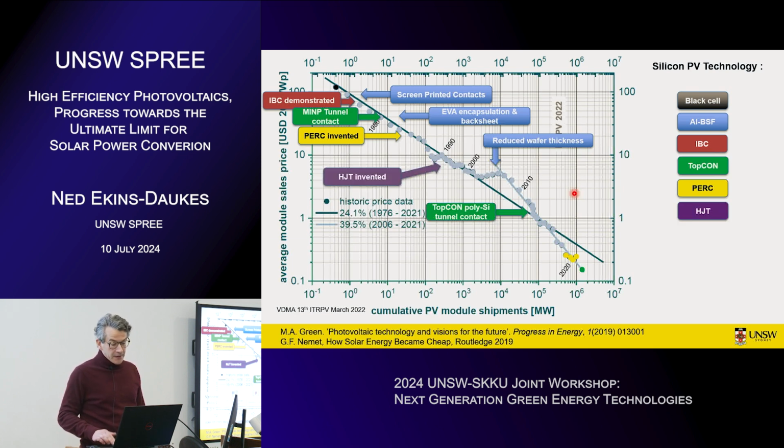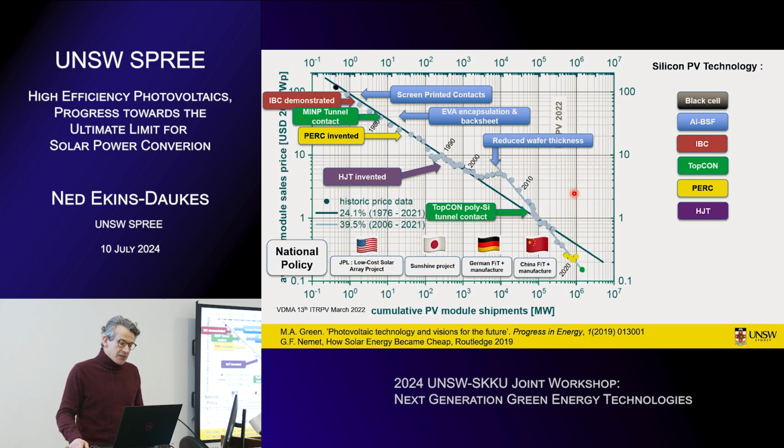Now, the thing I find interesting here is if we actually look at what got manufactured, it was pretty much aluminium BSF cells up until extremely recently, when PERC was suddenly picked up. And maybe next year, TOPCon is going to become the dominant technology. But what I want to point out is the innovation for a lot of this goes back a long way, yeah?